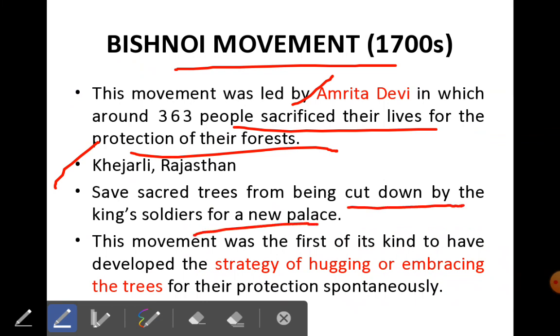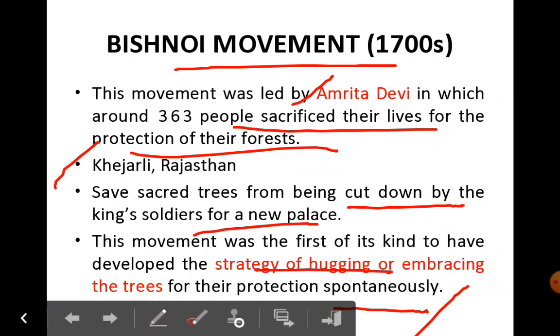This movement was the first of its kind to develop the strategy of hugging or embracing the trees for their protection, spontaneously. So the BISHNOI movement happened first, and then the CHIPKO Andolan was influenced by it. Here also they embraced the Khejri trees, the sacred trees. This is what we know about the BISHNOI movement.